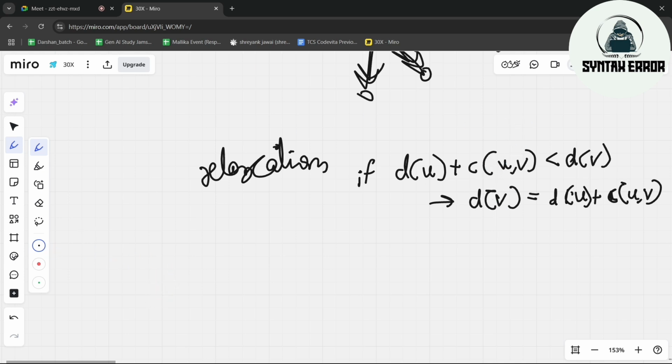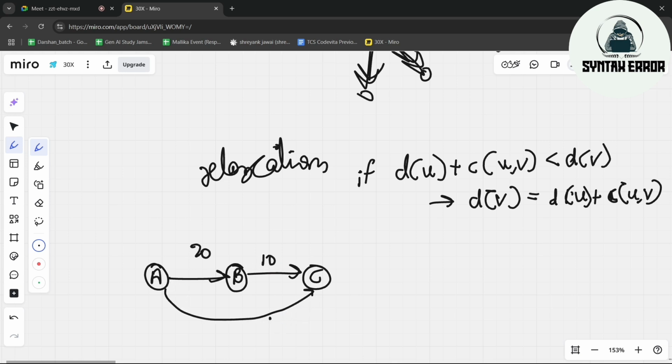So now let's take an example. Assume we are having A, B, C. The cost to go from A to B is 20. The cost to go from B to C is 10. And the cost to go from A to C is 40.